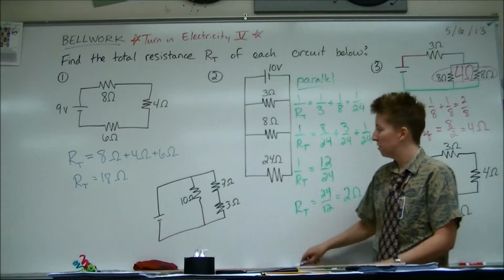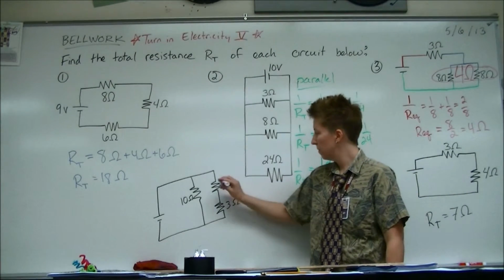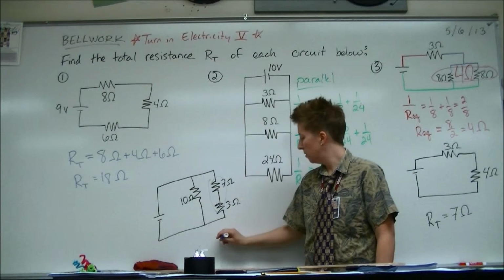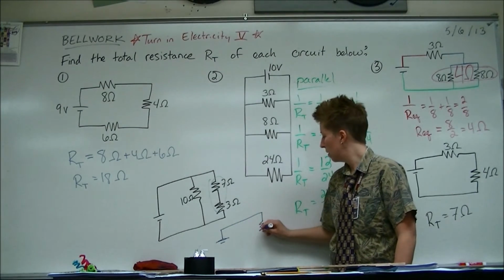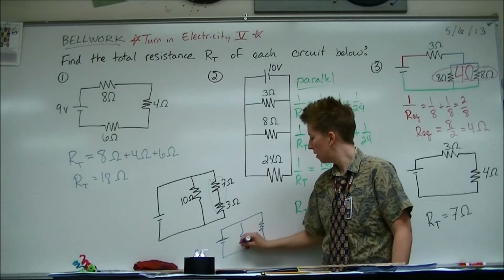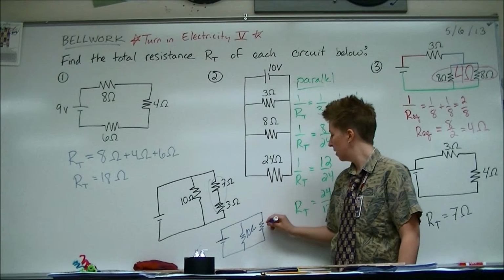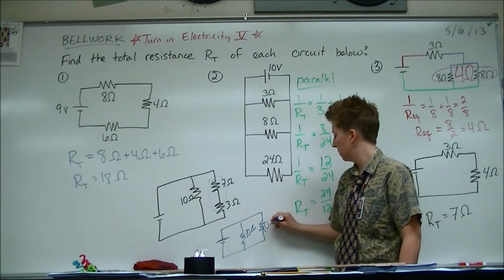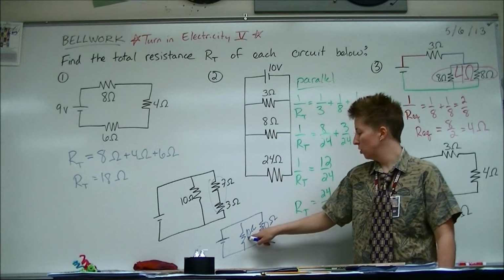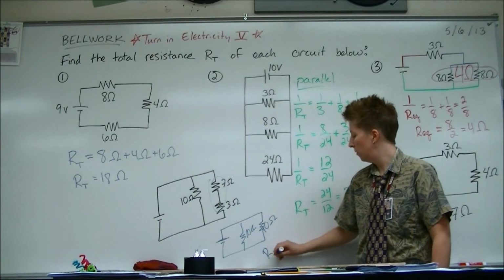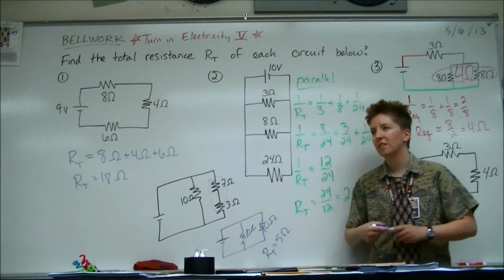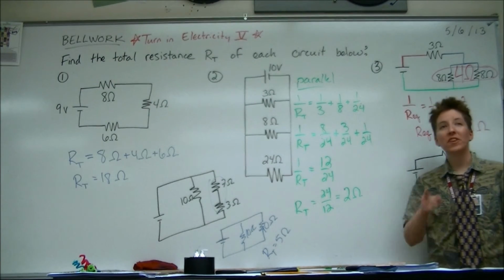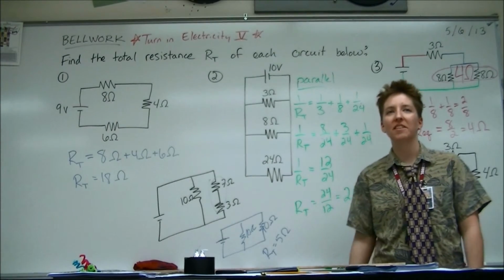Yes, the answer is 5, because when I put these together, that's 10, so it'll look like, sorry, this is so sloppy, and then those are in parallel, so it ends up being 5. Oh, I get it. Okay. Good thing you asked. That helps somebody else out.